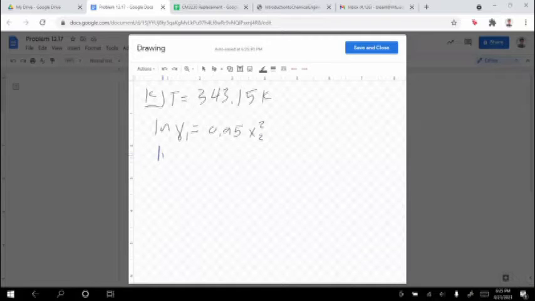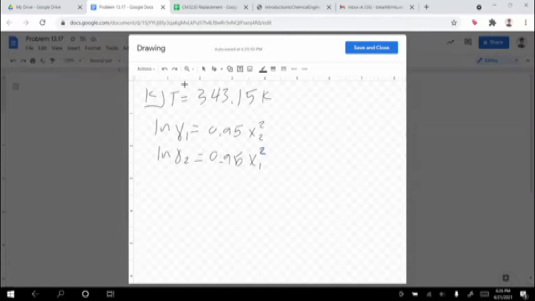And there's a similar equation for the other activity coefficient, except this one will be x1, so the liquid component fraction of component 1.